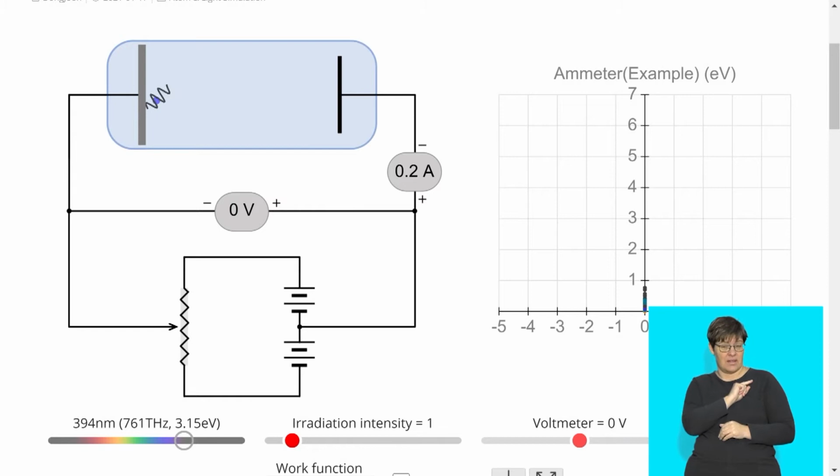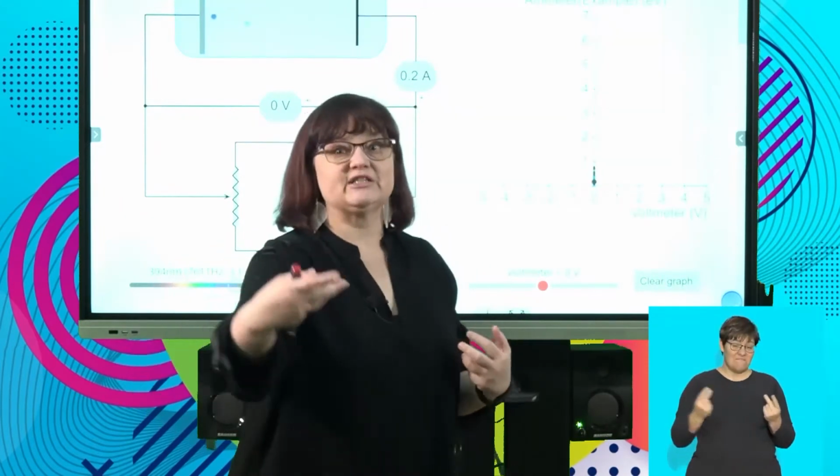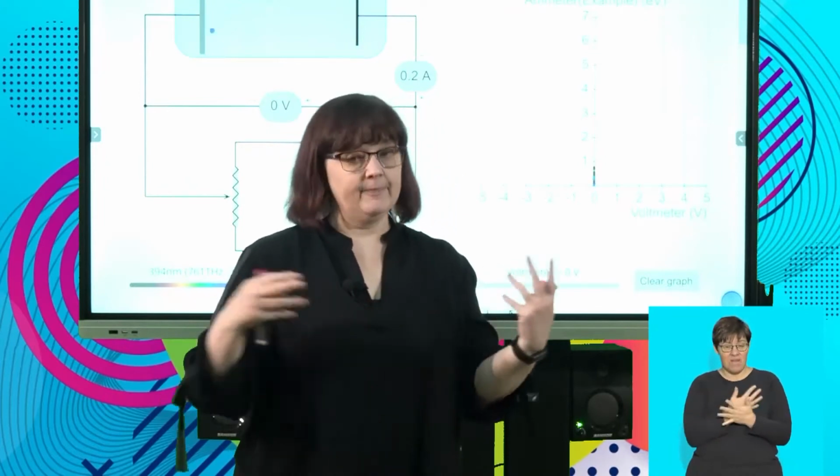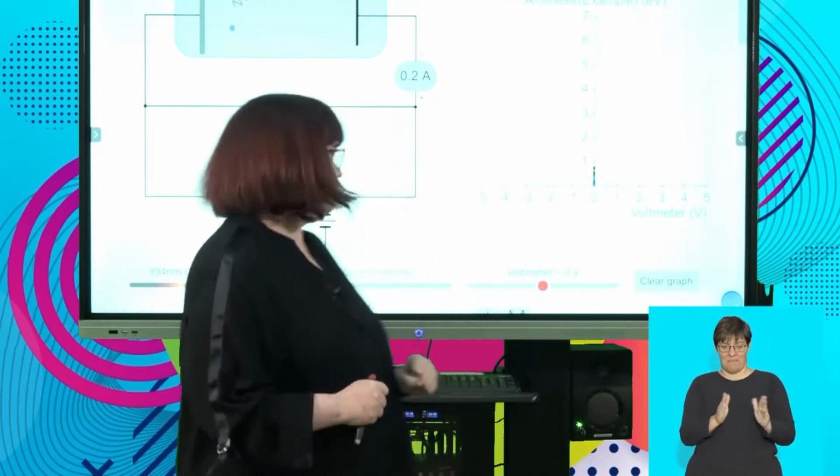That's because my electrons have more energy. So they're going to be able to move faster. And the faster they move, the bigger the current, because the current is charge passing a point per unit time. If they're moving faster, we'll have more charge in the same time periods.